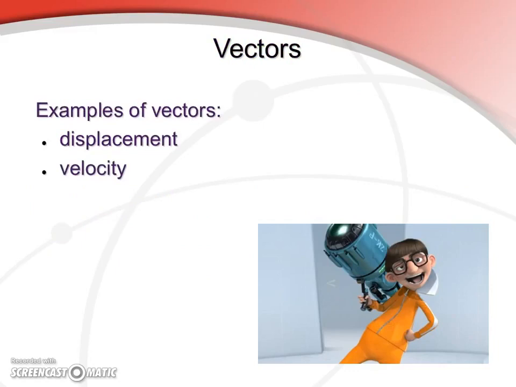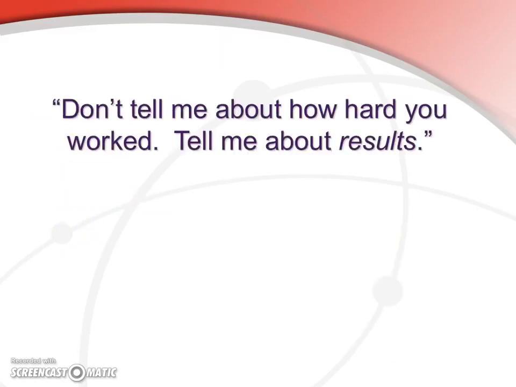Some examples of vectors: the things that we've already covered in a scalar fashion, displacement and velocity, but there are others, of course. You can probably think of some of those yourself. Acceleration, force, lots of other quantities have a direction applied to them.